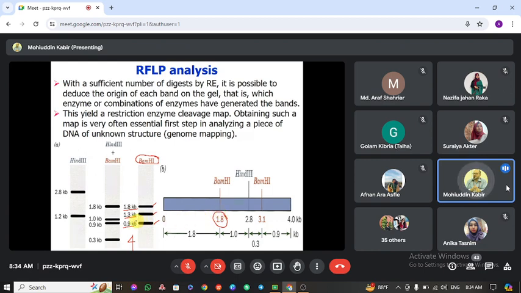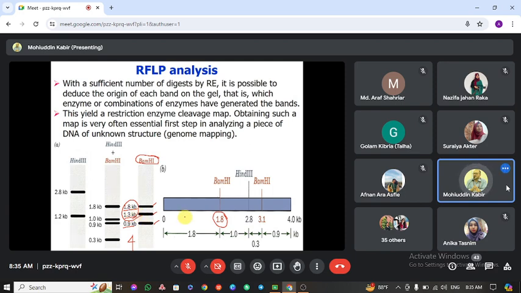The second band is 1.3 kb. If we add these 2 band lengths, that becomes 3.1 kb.